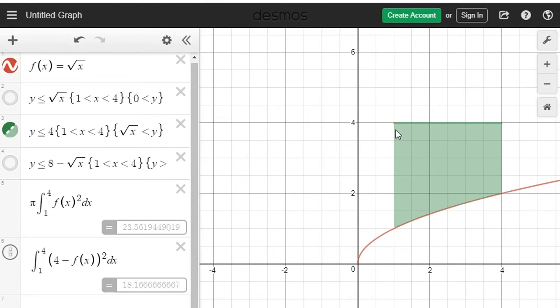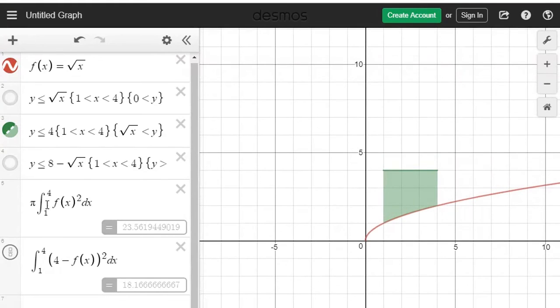If I look at the height of my green area from x equals 1 to x equals 4, my height completely changes. The height is now 4 minus f of x, and I'm going to call that the radius of my circle. So if I'm looking at the rotation, when I rotate this around, it's going to again look kind of like a lampshade.